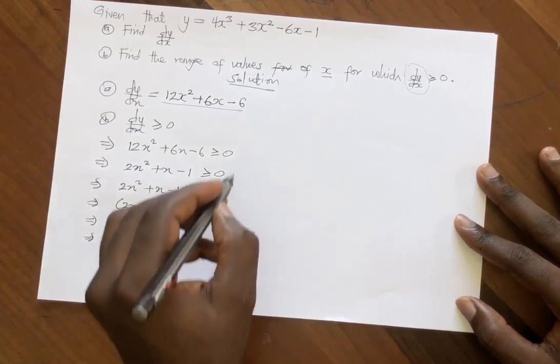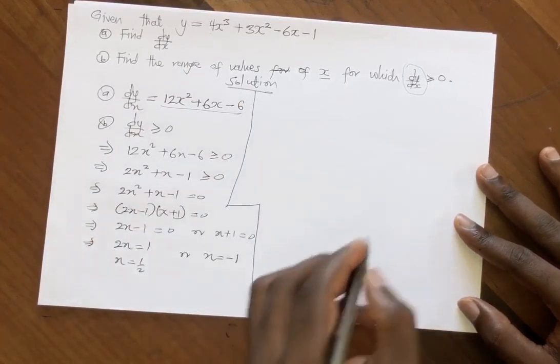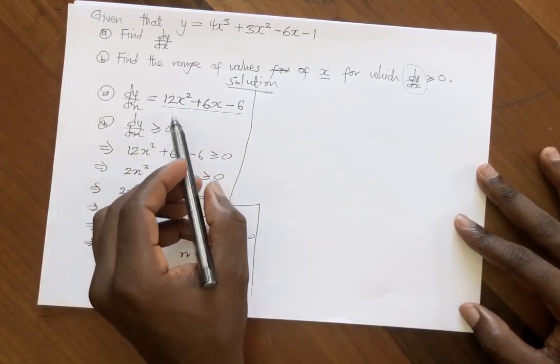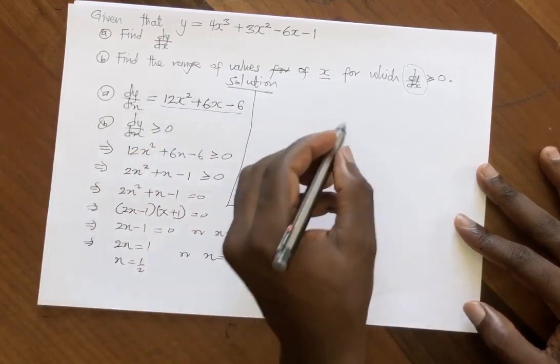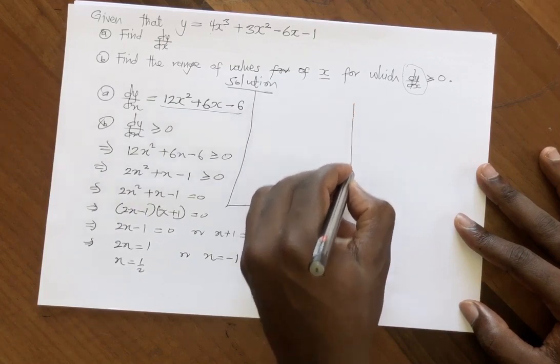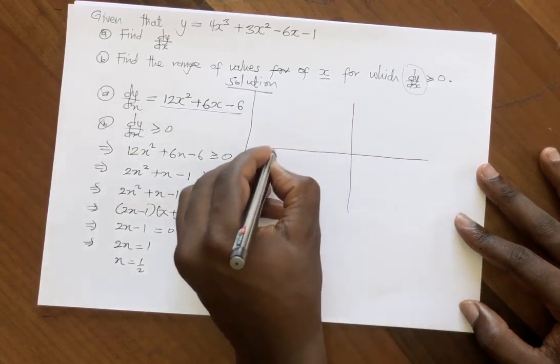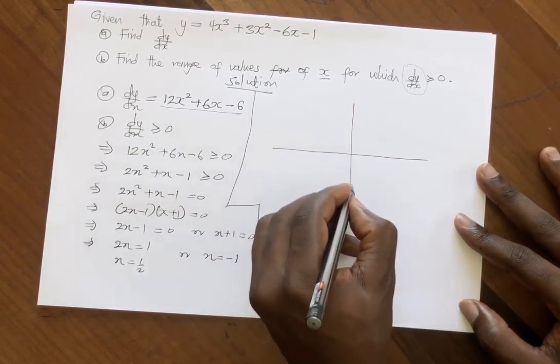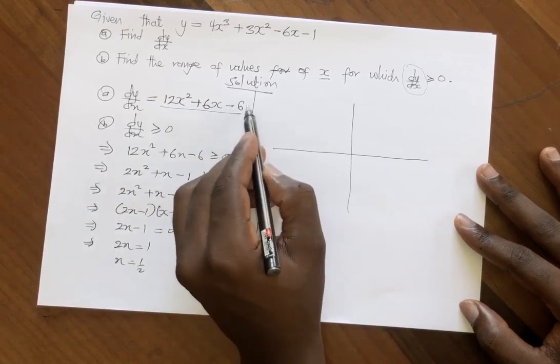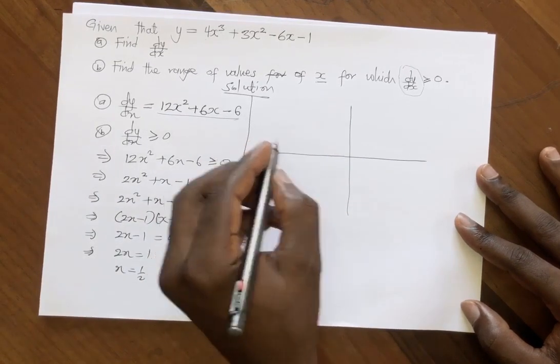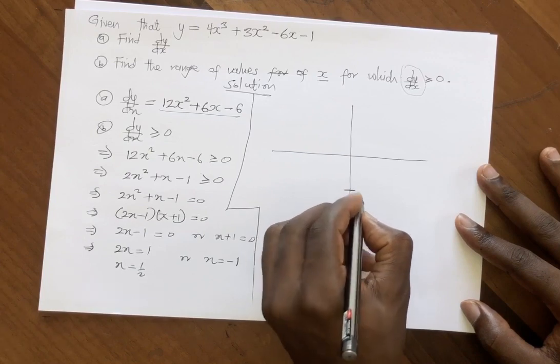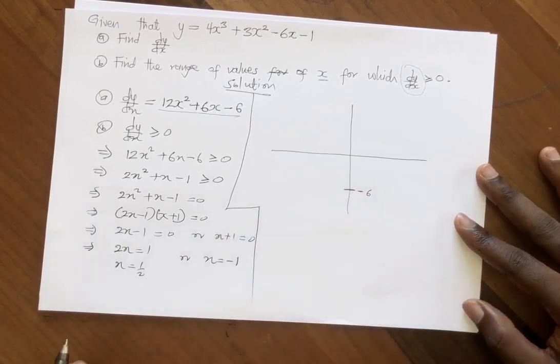Okay? Now, this quadratic is of this nature. So remember that the y-intercept is negative 6. Let's say the y-intercept is somewhere here. What are the roots?